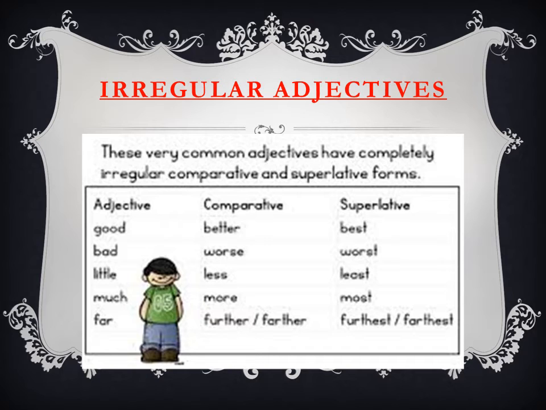They are irregular adjectives, such as good: in comparative, better; in superlative, best. She is good. She is better than him. She is the best. Bad, worse, the worst.